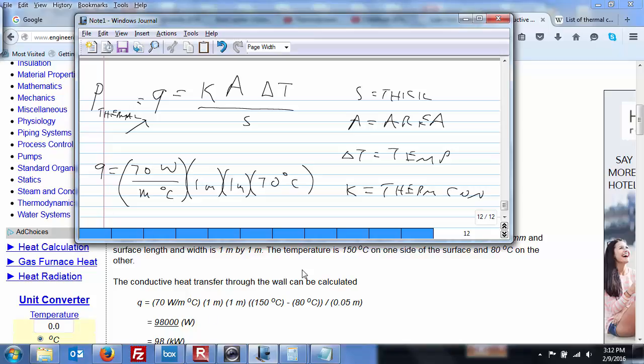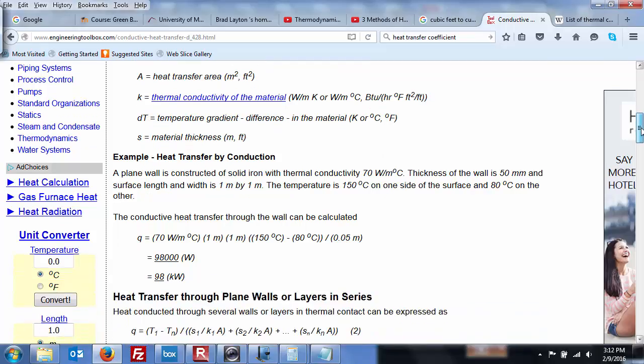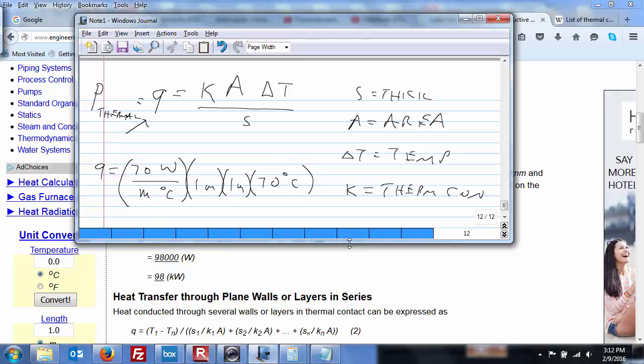And then they gave the wall thickness as 50 millimeters. Well, I know that is a 20th. I'll just divide 50 by 1,000, and that comes out to be 0.05. So I'll put that down here. Divide the whole thing by 0.05 meters. Now all I have to do, and remember, you're always solving 3 problems at once.